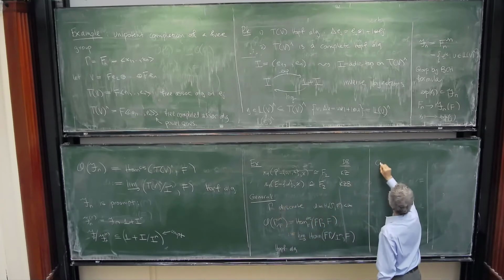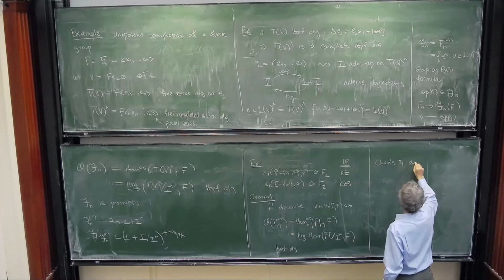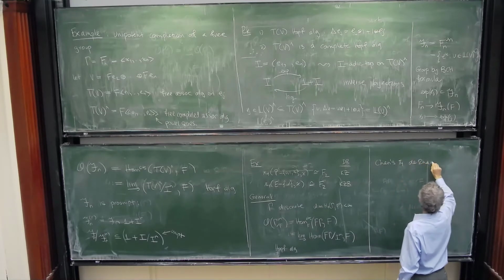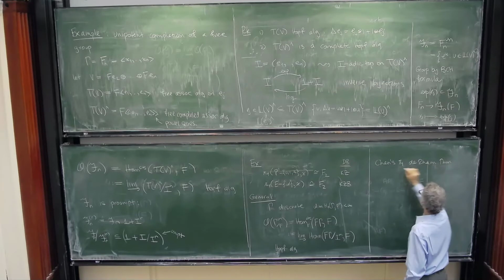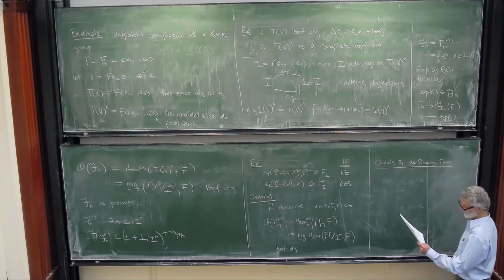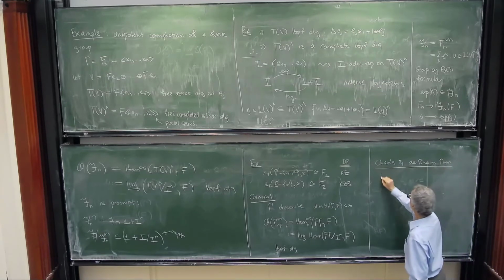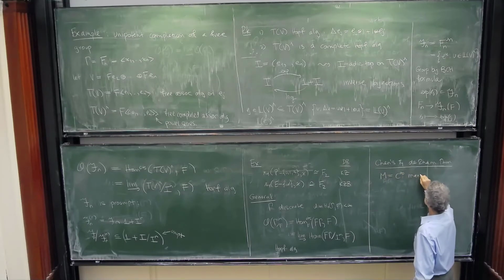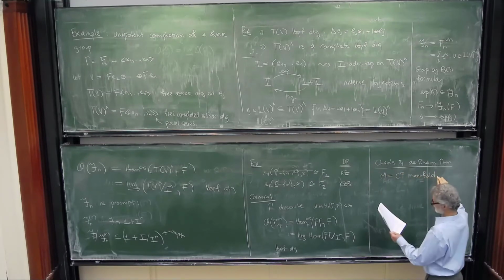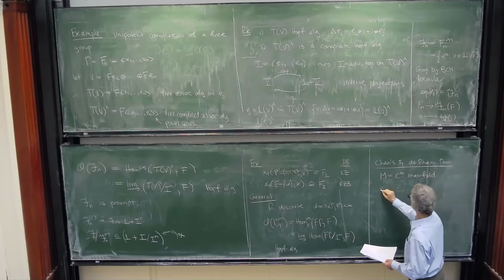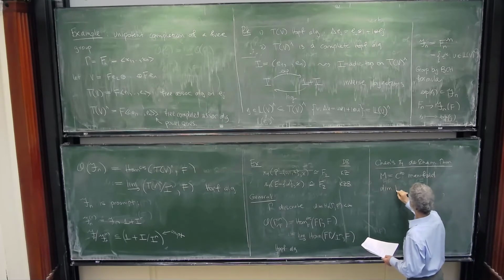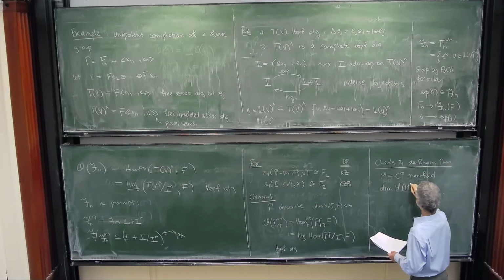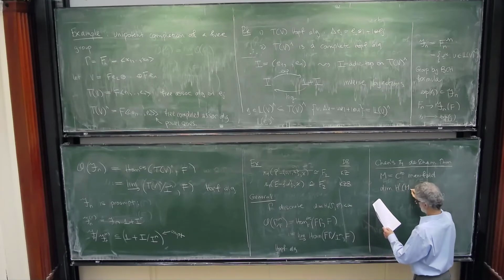And let me just state Chen's pi 1 de Rham theorem. So here we'll take M to be a C infinity manifold. I'll assume that the first Betti number is finite.